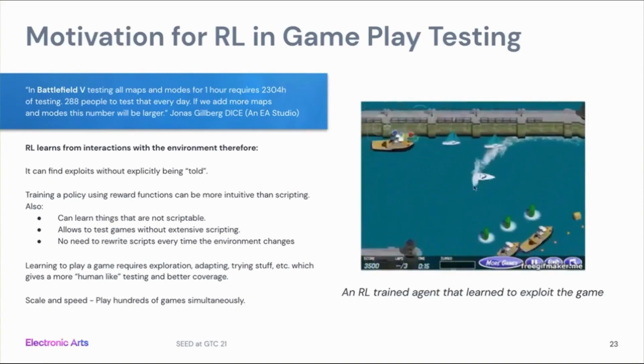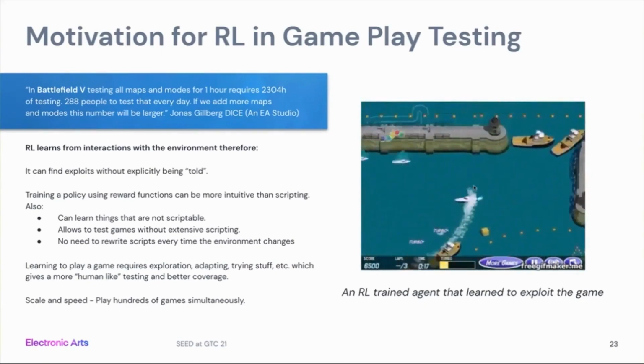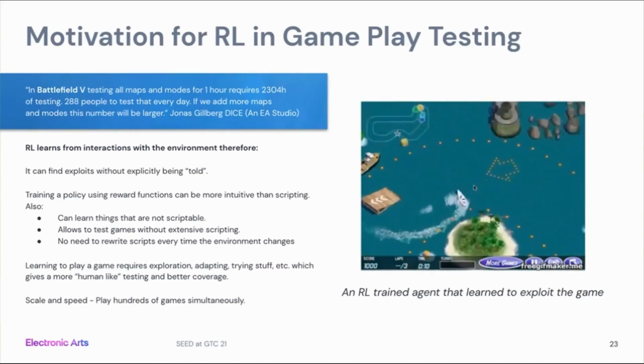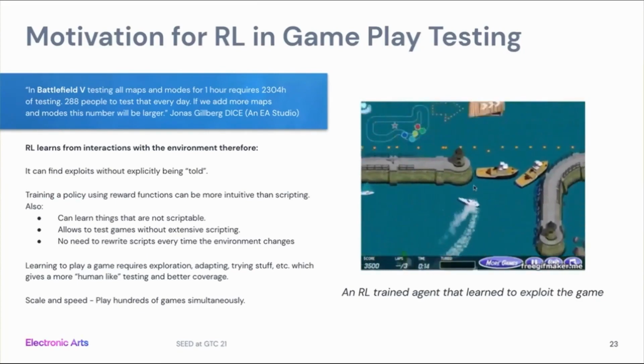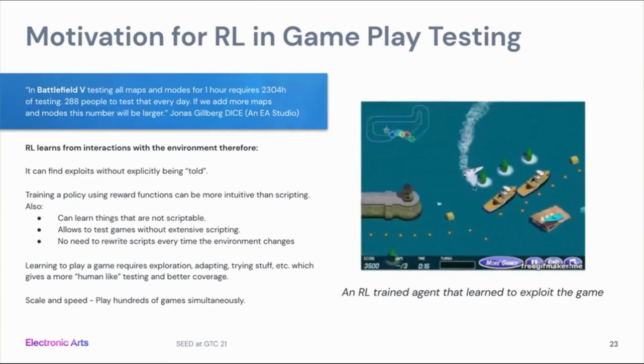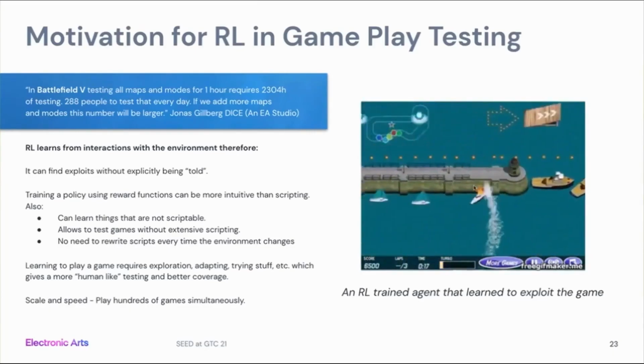After a while, the agent found an exploit in the game, meaning that instead of playing the game as it's supposed to, it goes a little bit off track and picks up these green boxes, which then respawn, and then it can pick them up again and get a lot of score. That's a bug in the game, and it hasn't really been found in the 30 years it's been around. But it's very nice that the RL agent could find that out without being told to do that.